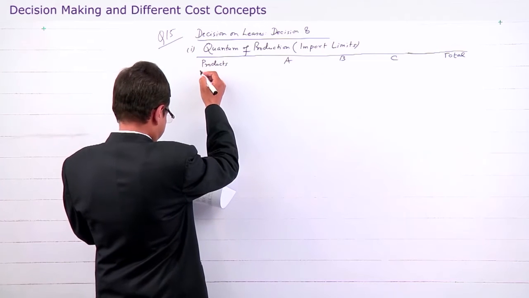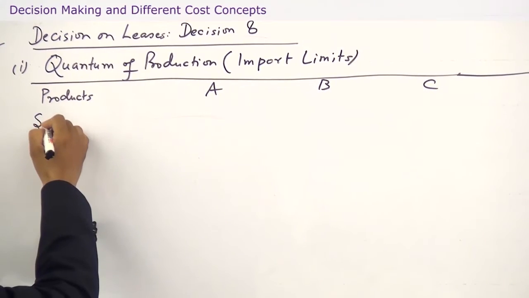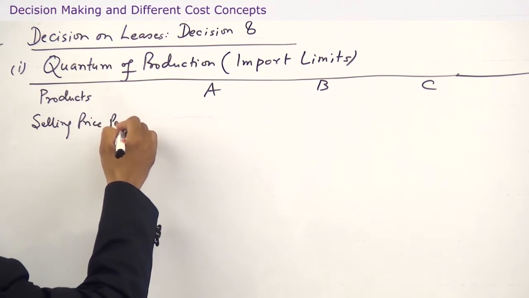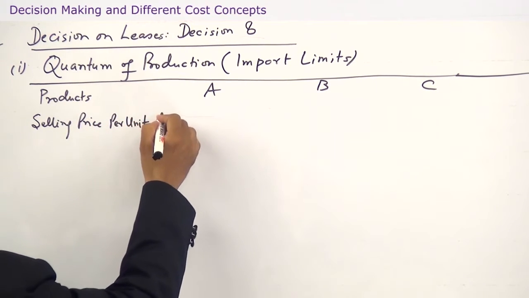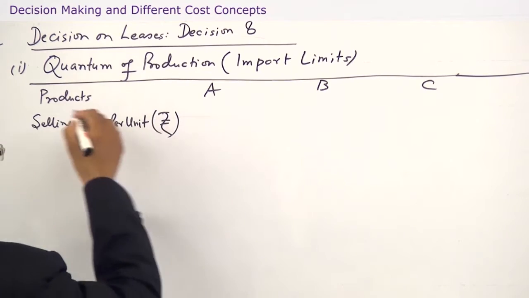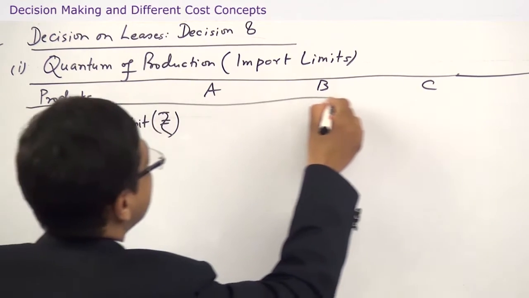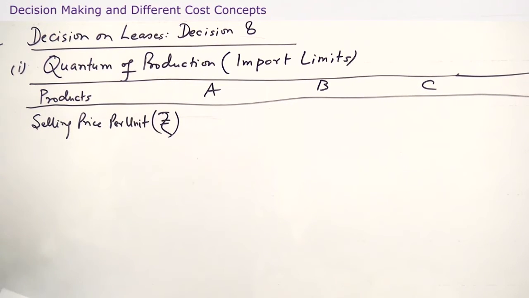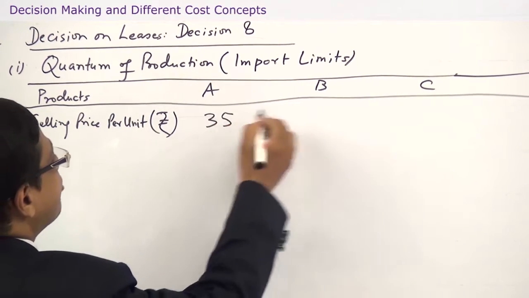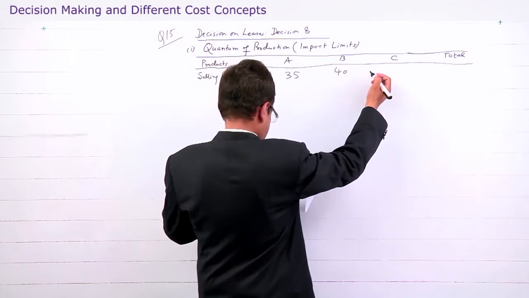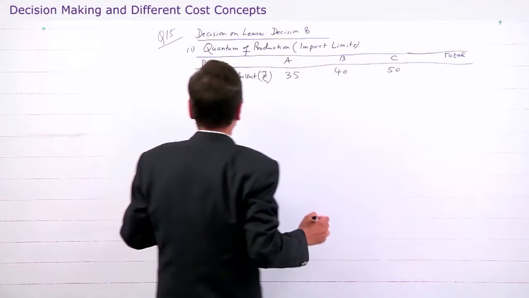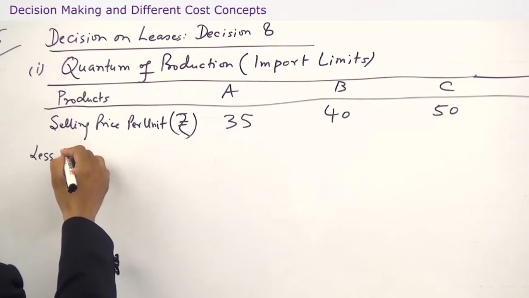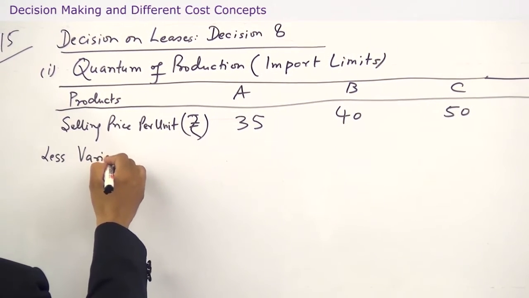So you have selling price per unit in terms of rupees. You can create it like this. So selling price per unit is given at 35 rupees, 40 rupees and 50 rupees. You also have detail of variable cost per unit.